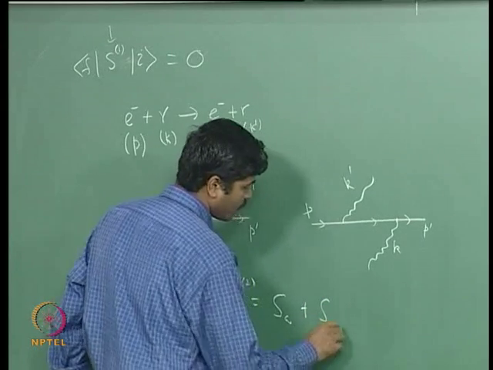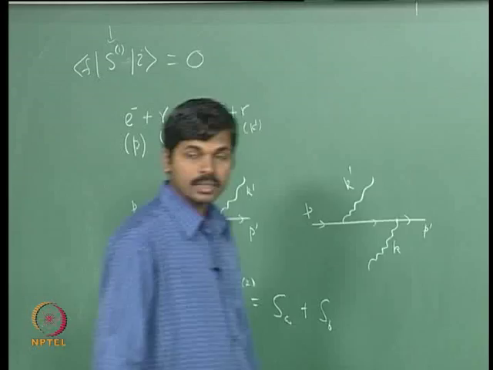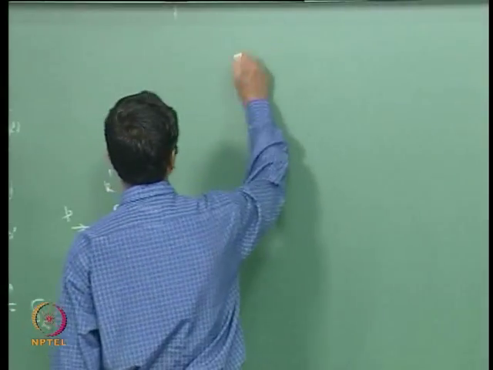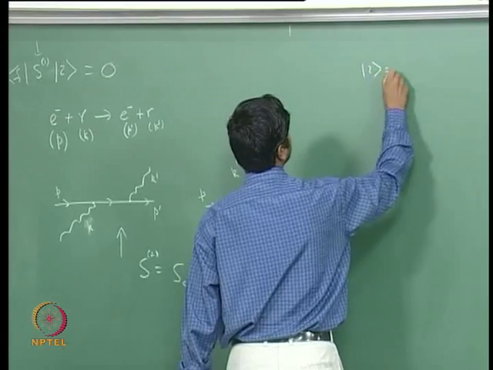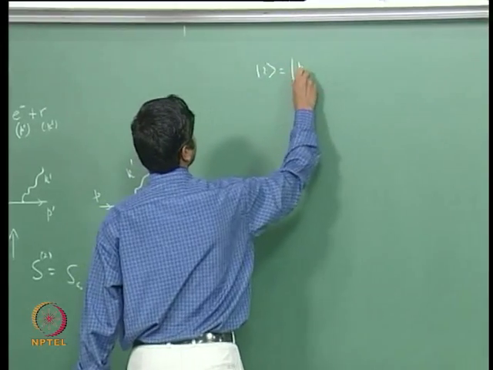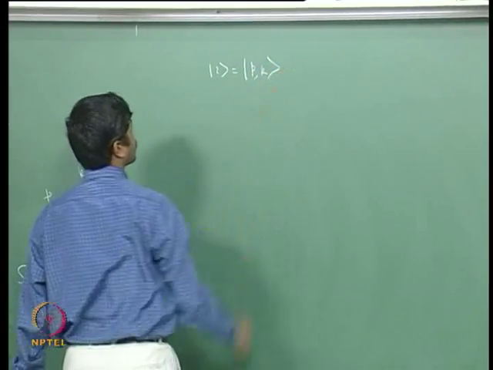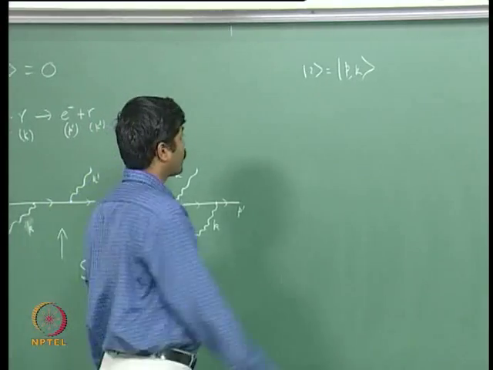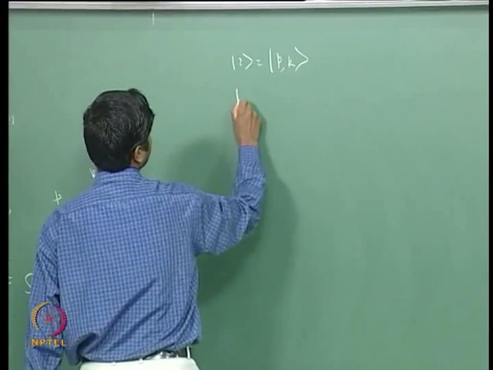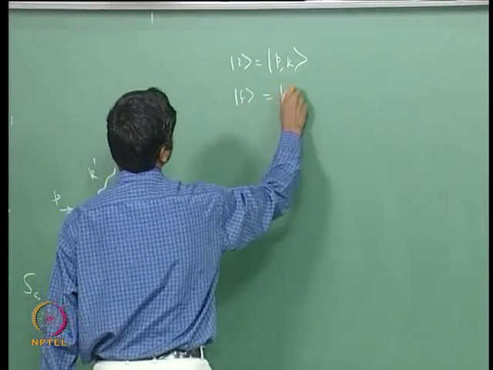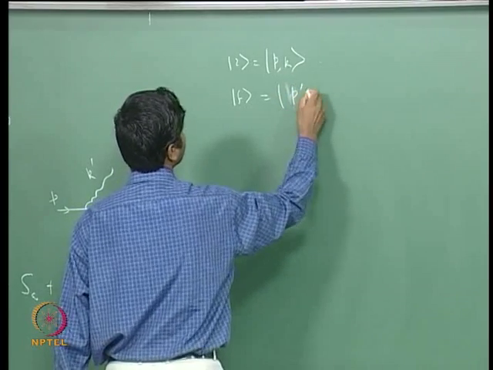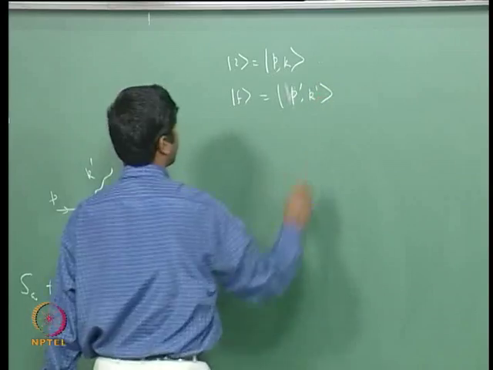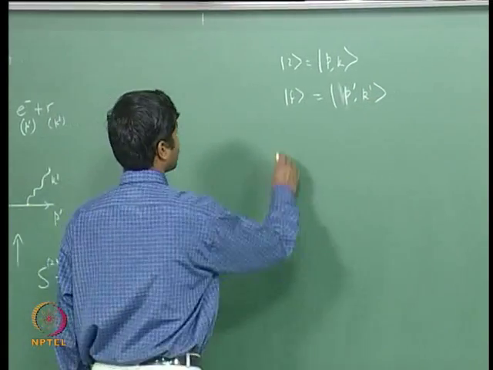What we computed in the last lecture is we considered this initial state I, which is an electron of momentum p and a photon of momentum k, and the final state consists of an electron state of momentum p prime and a photon state of momentum k prime.